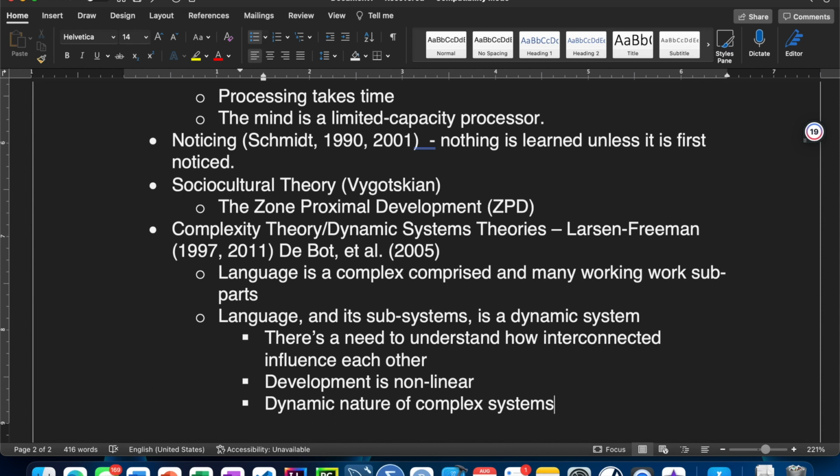One of the big ways that we see complexity theory applied in the classroom is this idea that learners need to be provided with repeated exposure to language, and that exposure needs to occur in authentic ways, right?